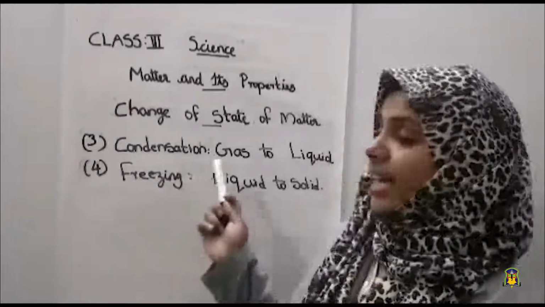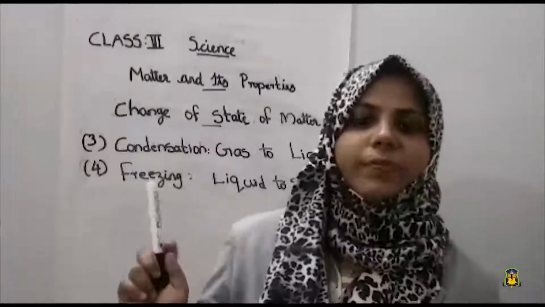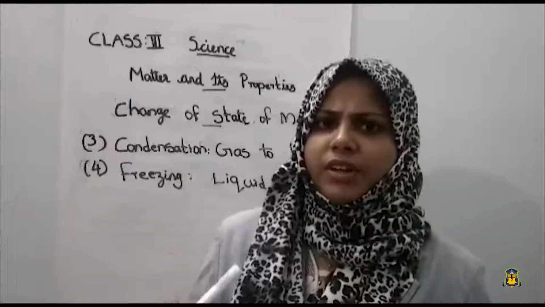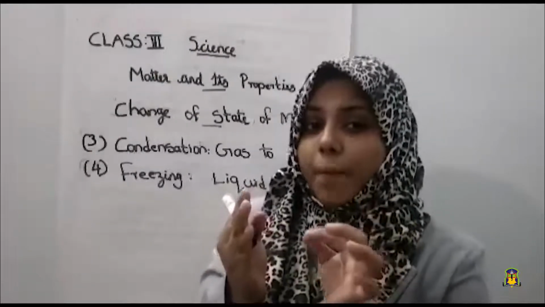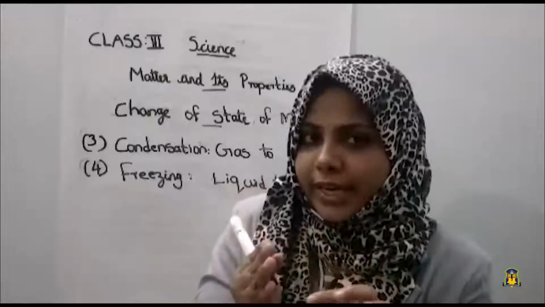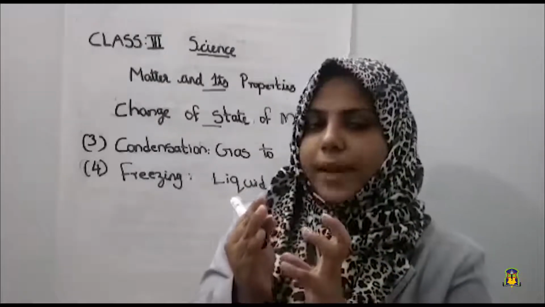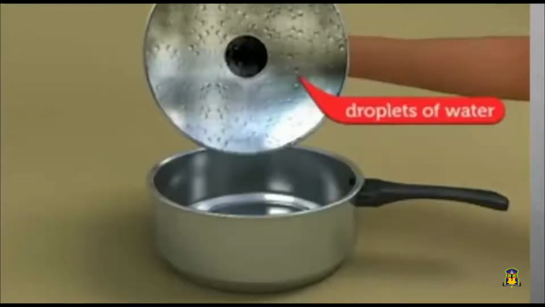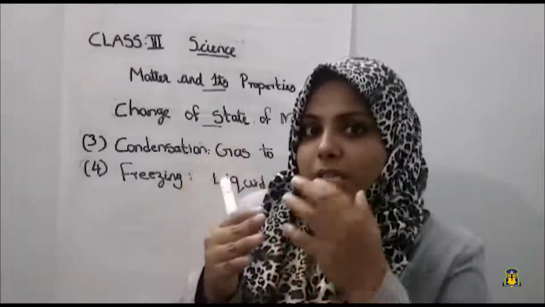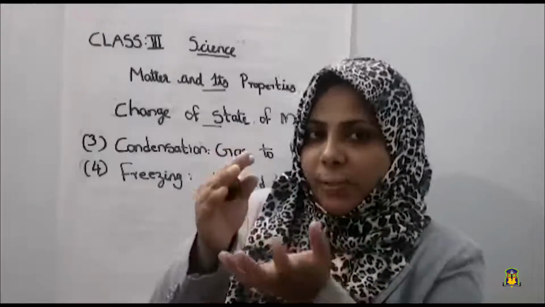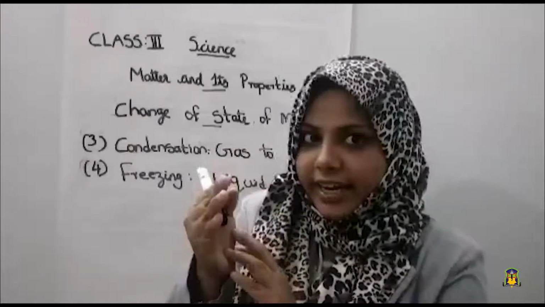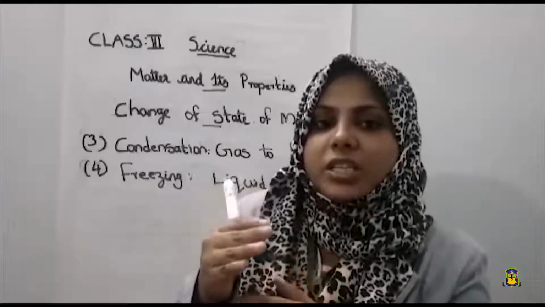The next one is condensation. What happens when we cover boiling water with a lid? We will see tiny droplets on the inner side of the lid. Look at the picture. Here the water vapor, or the steam, changes to liquid on cooling. The water vapor touches the surface of the lid, gets cooled and changes to water.